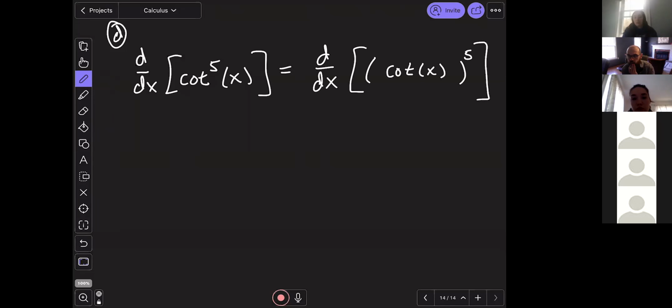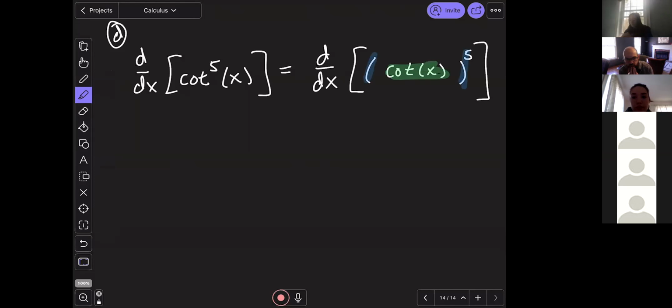Now it helps me see that I have an inside function and an outside function. My inside function is the cotangent, and my outside function is the something to the 5th power.